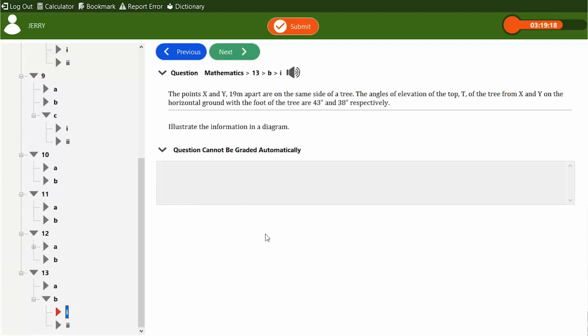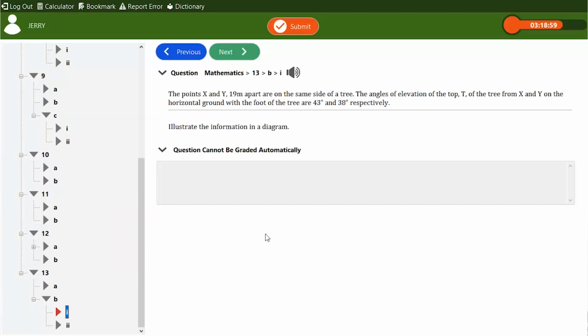Illustrate the information in a diagram. Just a simple question. Illustrate in what? A diagram.